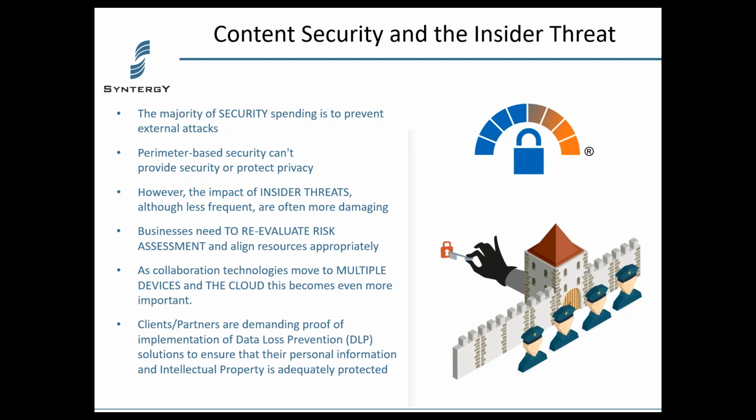However, there's very little being done with the insider in the organization. And the impact of the insider threat, although less frequent, as Ponemon Institute indicated, is more damaging, right? So really what we're saying is that businesses need to reevaluate the risk and align your resources appropriately.